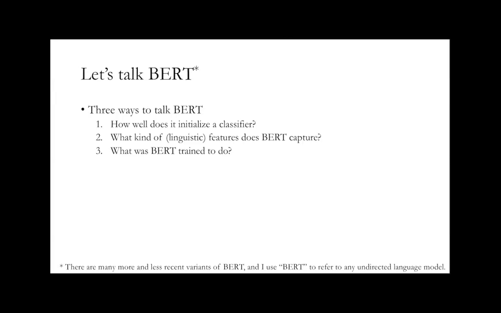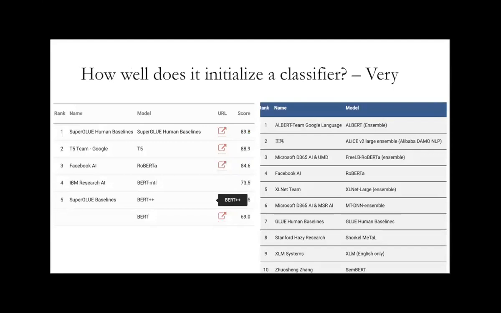That was a revolutionary finding in the field of natural language processing during the past year and a half. A lot of people have been talking about BERT as a way to initialize a good classifier, and that's actually true.